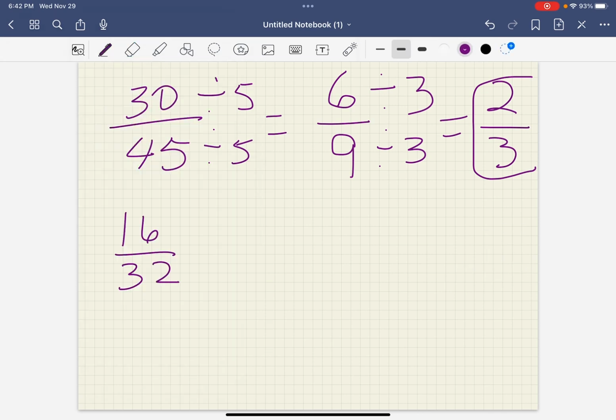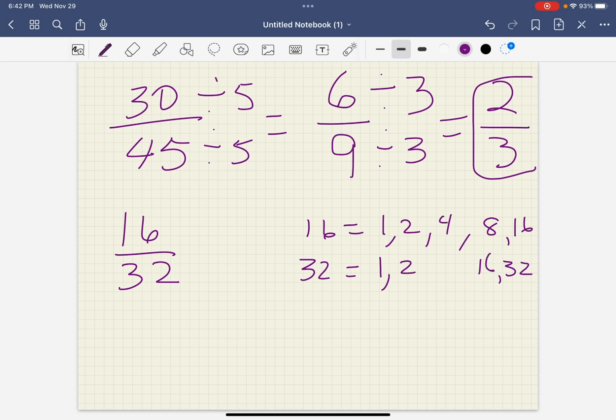Factors of 16 would be 1 and 16, 2 and 8, 4 and 4. And for 32, it would be 1 and 32, 2 and 16, 4 and 8. So 16 is the greatest common factor. So what it means is we're going to divide this by 16 and also divide this by 16.